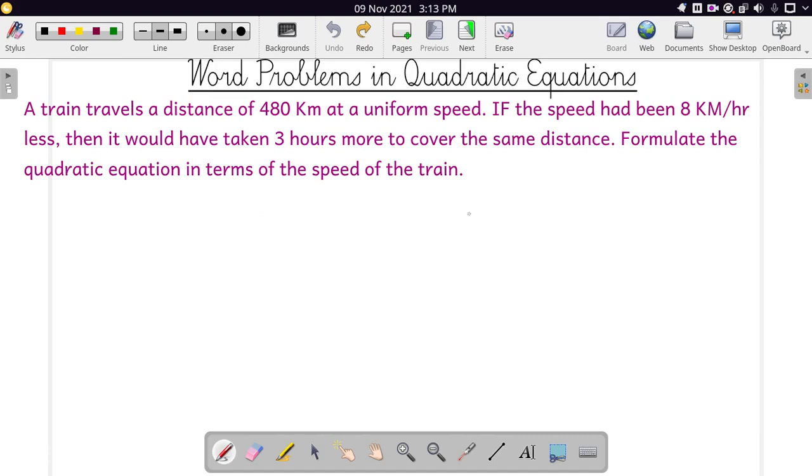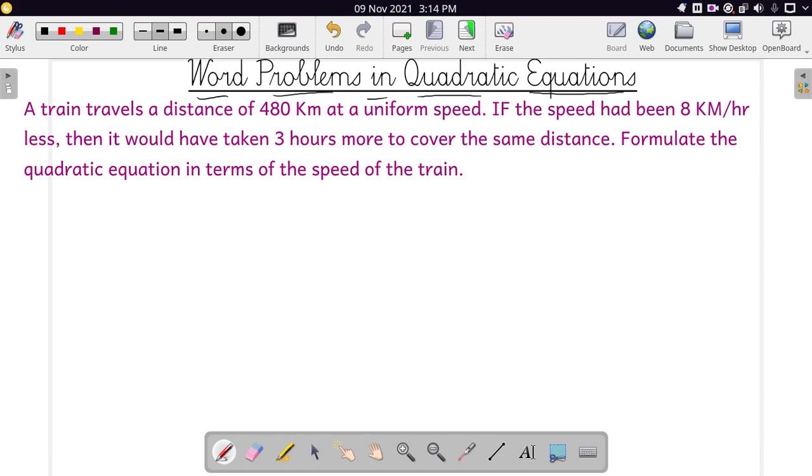Now we come to a completely different part of the chapter where we need to apply what we have learned in the first part of the chapter. The topic of today's discussion is word problems in quadratic equations. We need to read the question first, and assign variables to different physical quantities like distance and time.